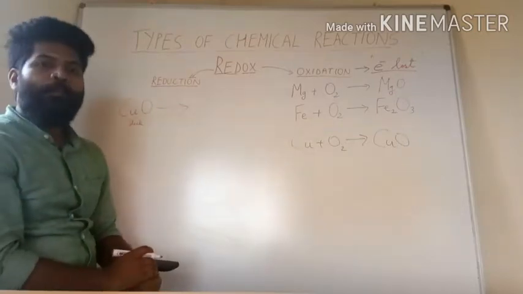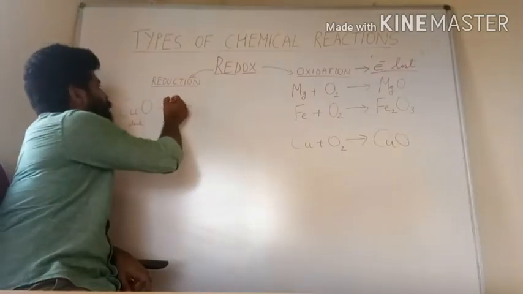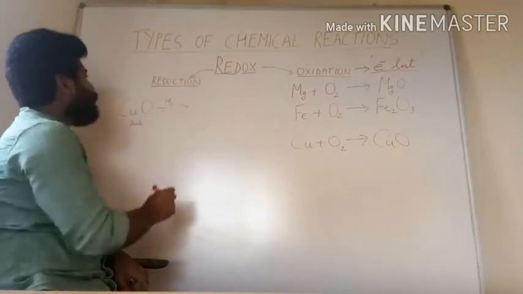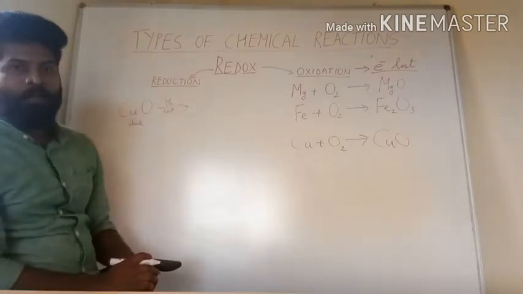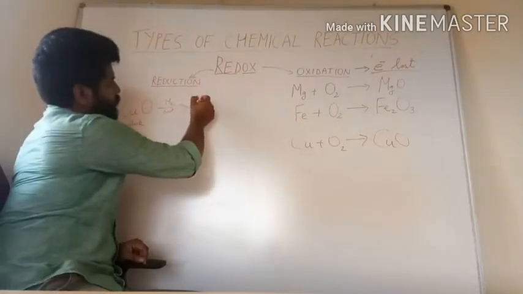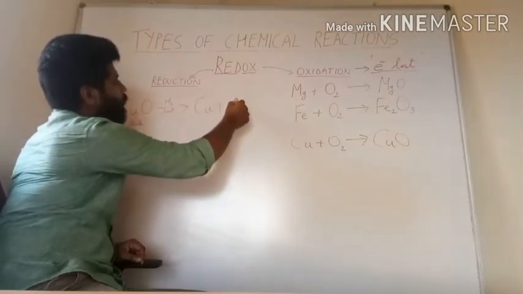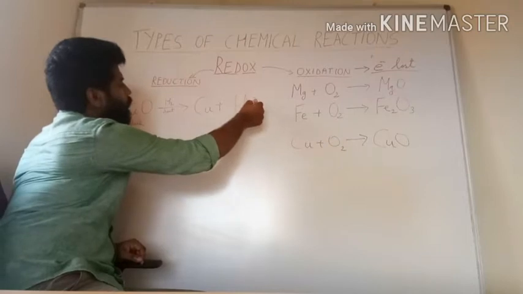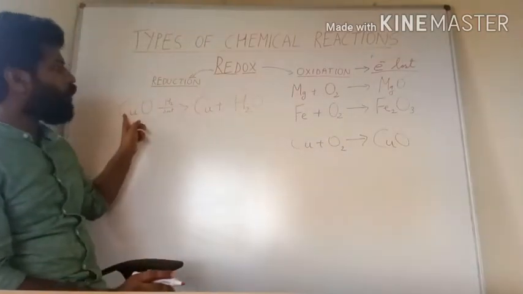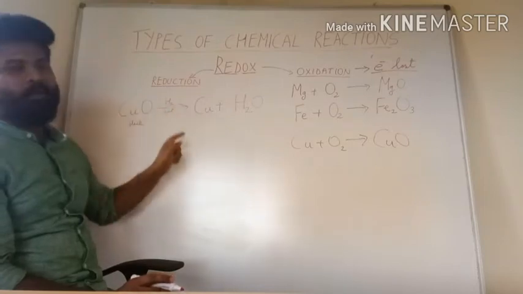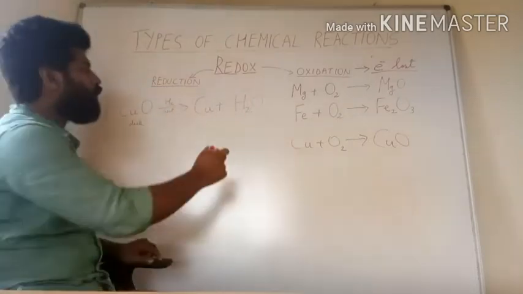Now if you pass hydrogen gas, H2, through this copper oxide and heat it, you get your copper back and water, because copper is less reactive than hydrogen, it is getting displaced, so you get water.